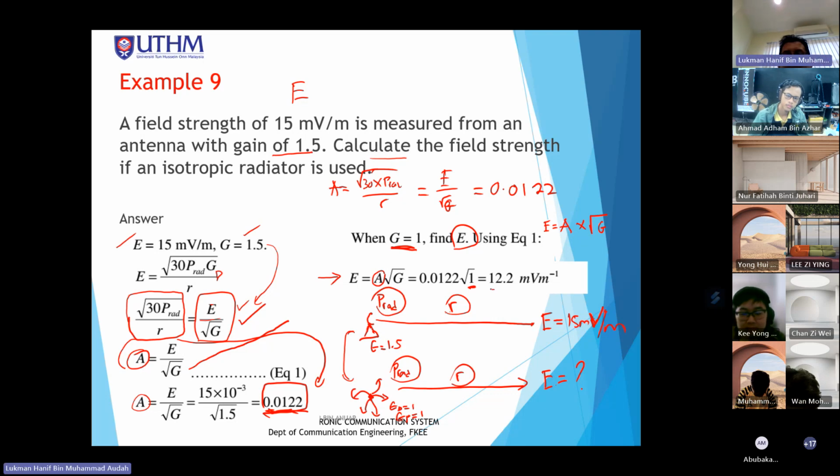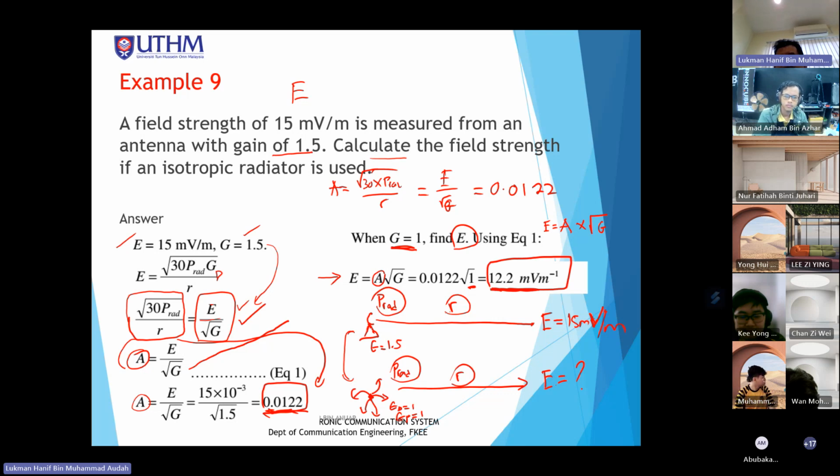So therefore, we're going to get E equal to 12.2 millivolt per meter. So this is the answer.